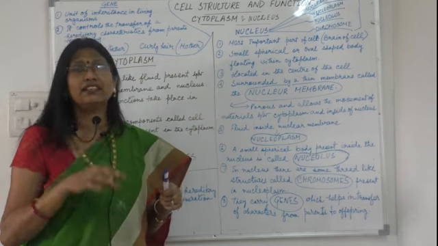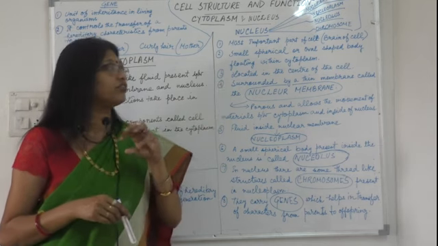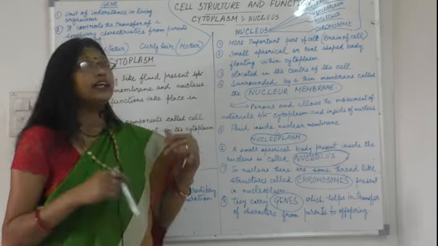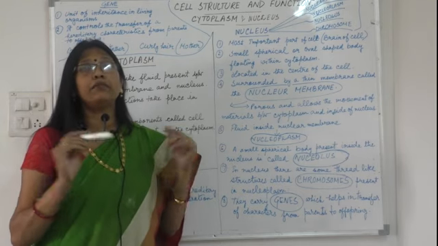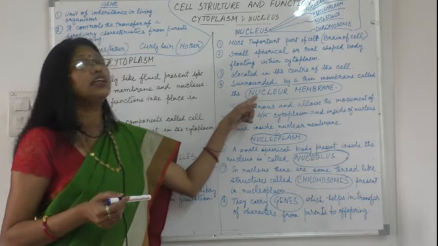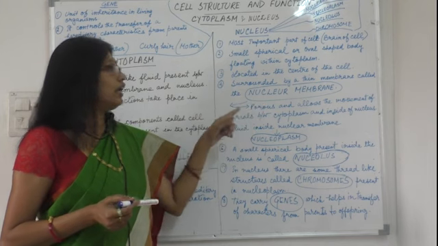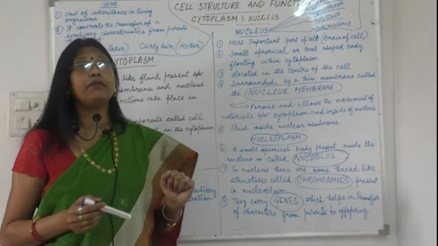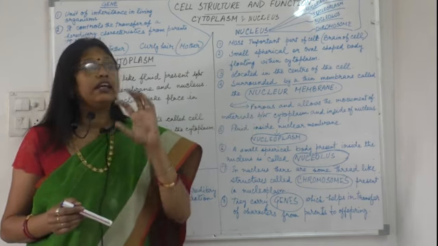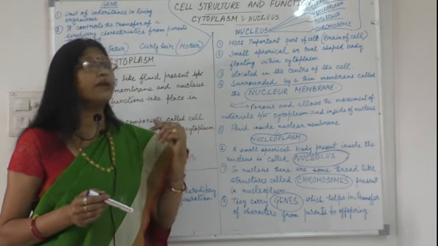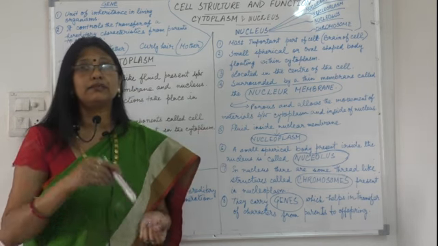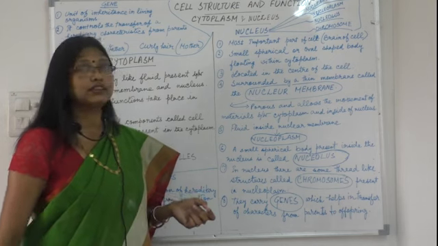Third, it is generally located in the center of the cell. Fourth, it is surrounded by a thin membrane known as the nuclear membrane. Fifth, this nuclear membrane is porous. It allows the movement of materials between cytoplasm and nucleus.